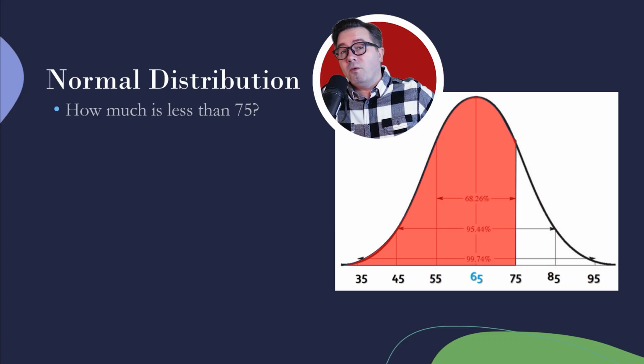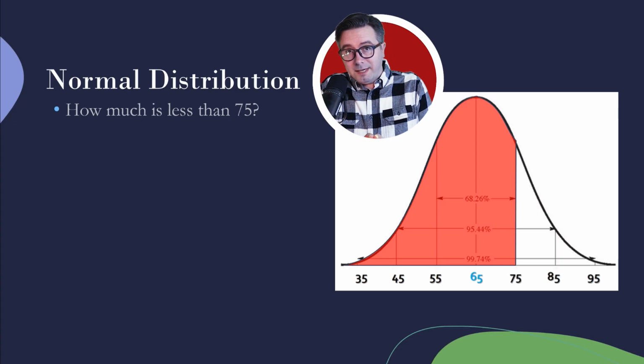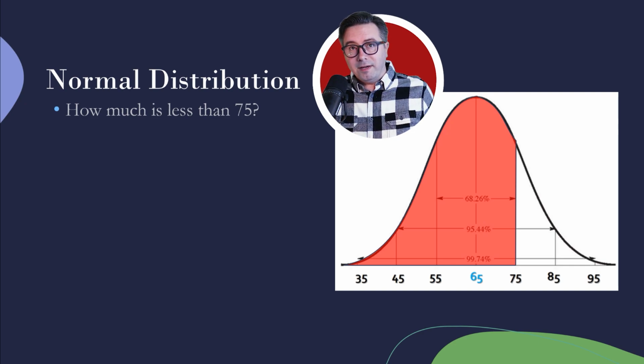All right. Well, like I said, on top of knowing that the middle amount, one standard deviation away, is 68.26%, it's even between them. And so the mean is 65, and that is halfway through. So anything above or below would be 50%. Anything above 65 is 50%.